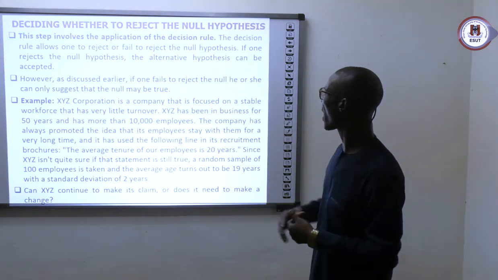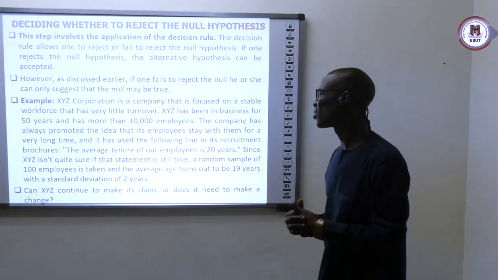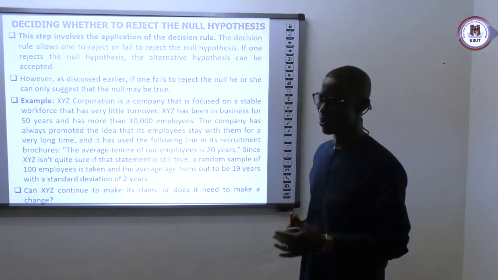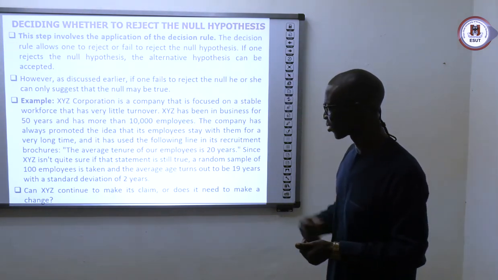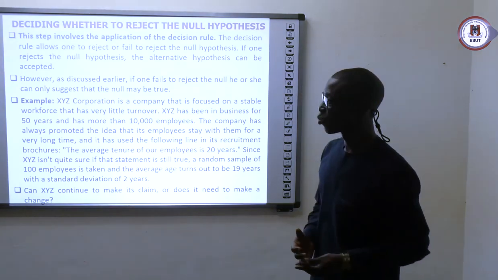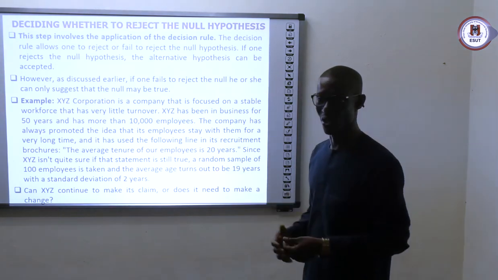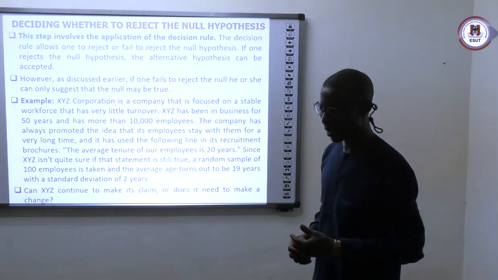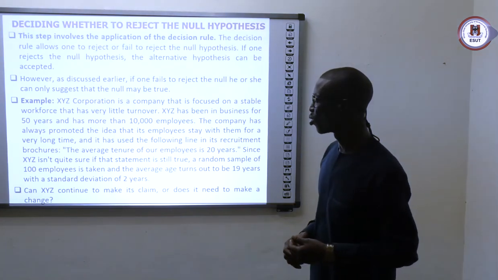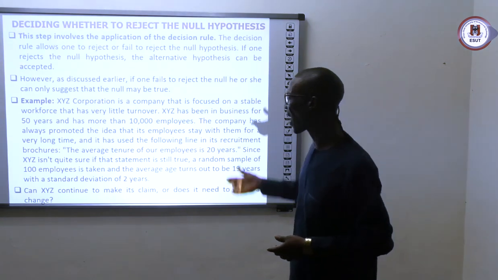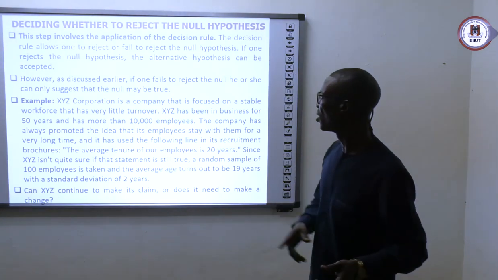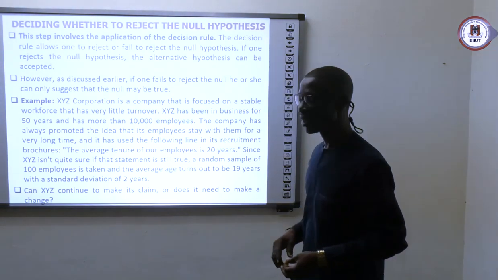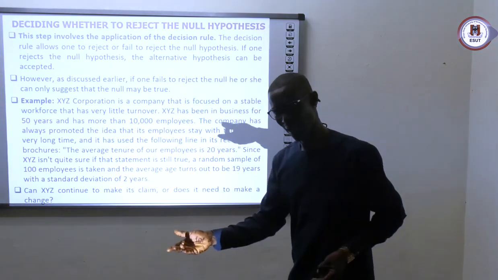So deciding whether to reject the null hypothesis is a matter of the result of your test statistic. Like we said, when your alpha is increasing, it means that your chances of committing type 1 error increase.